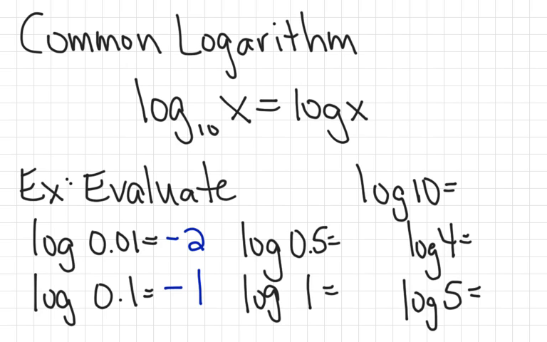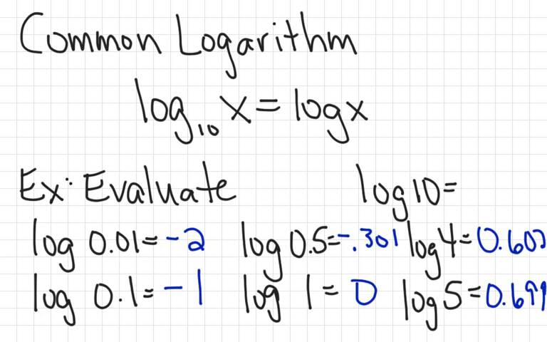The log of 0.5 is -0.301. The log of 1 is 0, because really that's 10 to the 0 equals 1. I'm going to jump over to the log of 4, which is 0.602. The log of 5 is 0.699. And the log of 10 is going to be 1.